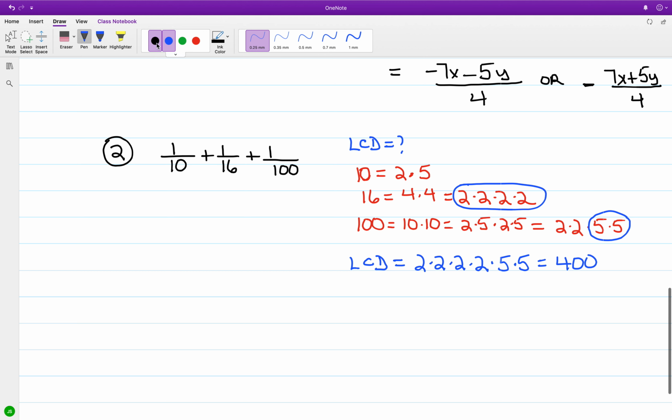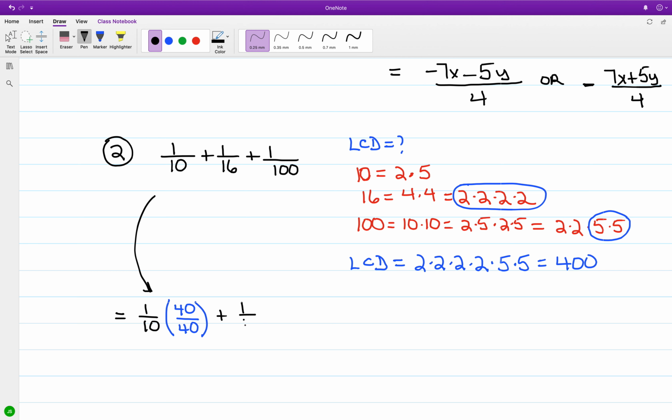So taking what we have now, 1/10, and raising the denominator to 400, you multiply by 1 in the form of 40 over itself.